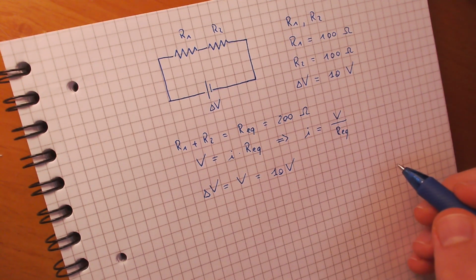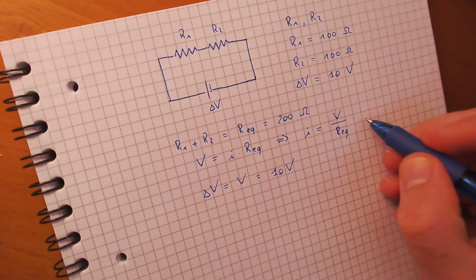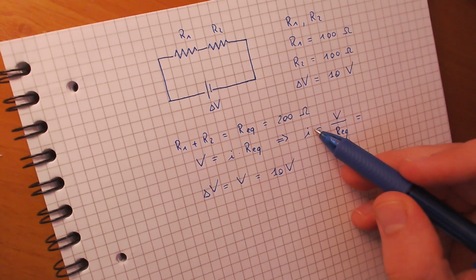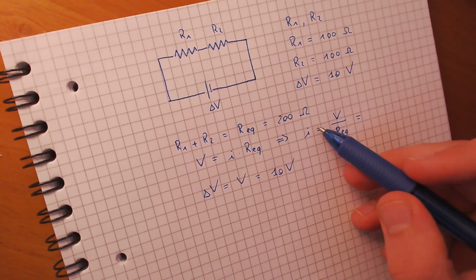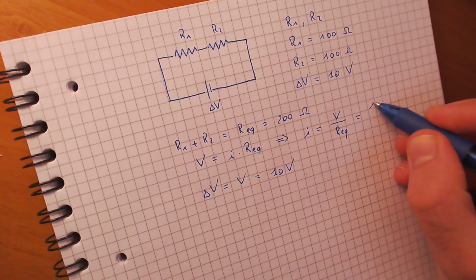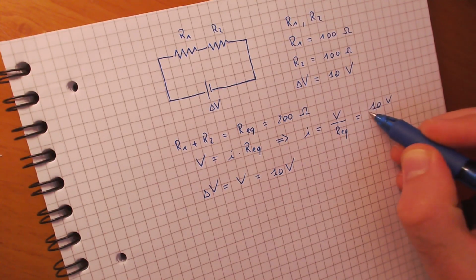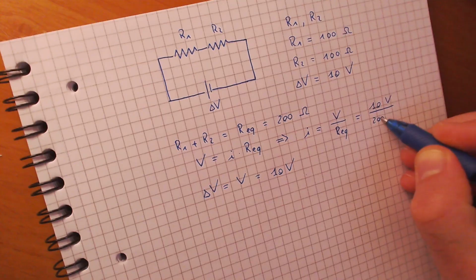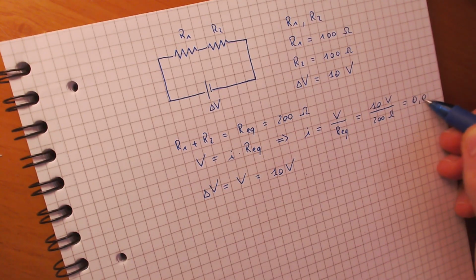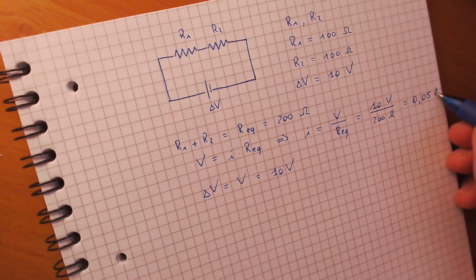This means we have everything to calculate the current. The current is given by this ratio, 10 volt over 200 ohm, which is 0.05 ampere.